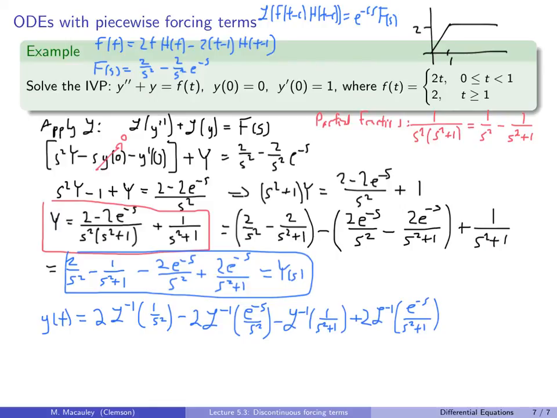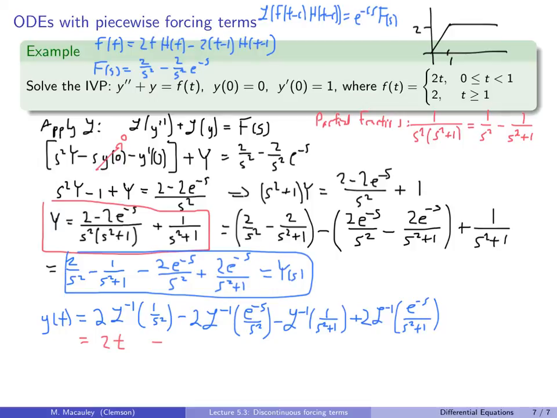Okay, so the first one, the inverse Laplace transform of this is 2 times, this is just t, right? Now this next one, here we want to use this formula. Let's go backwards, starting from here.